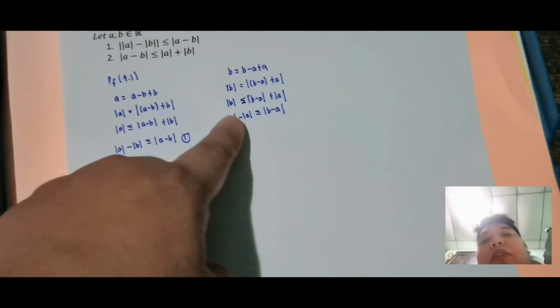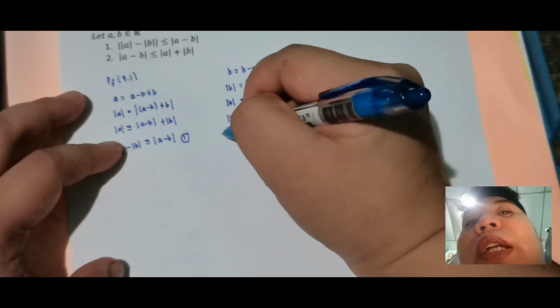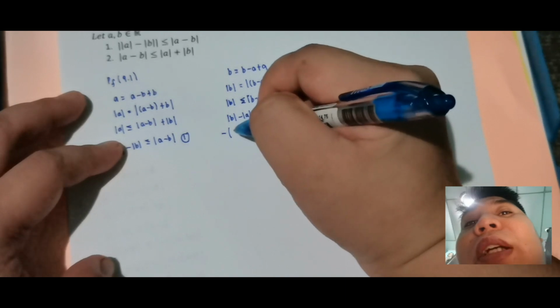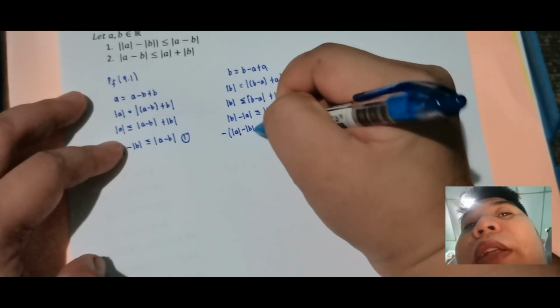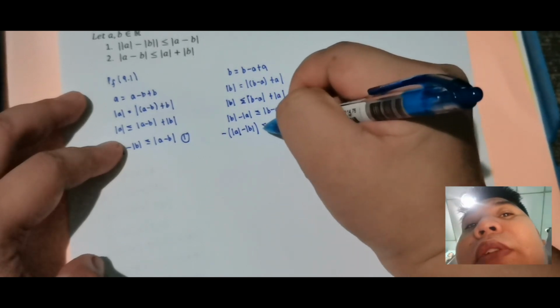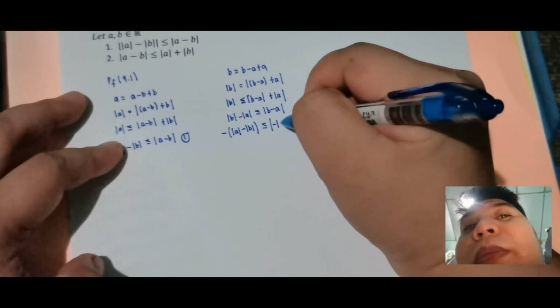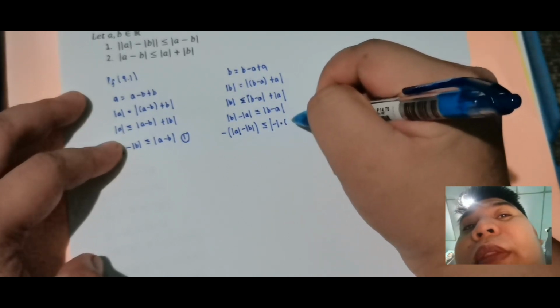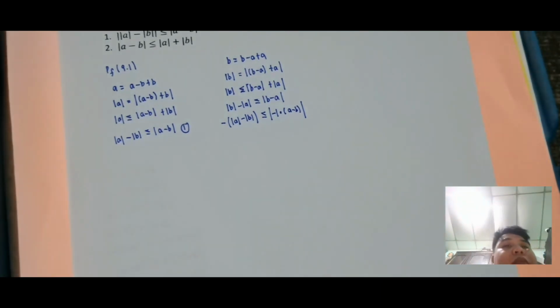Okay, so mag-factor out ako ng negative 1 dito, saka negative 1 dito sa side na to. So, factor out ko yung negative 1 dito, that is magiging positive sa absolute value of A, minus absolute value of B, less than or equal sa, magka-factor dito ako ng negative 1, that is negative 1 multiplied by A minus B sa loob nun.